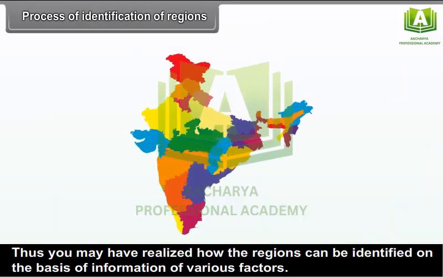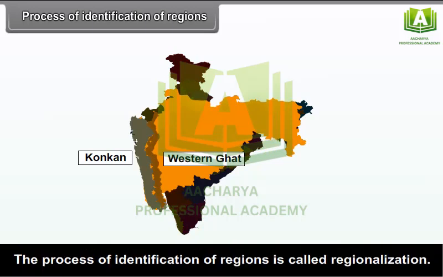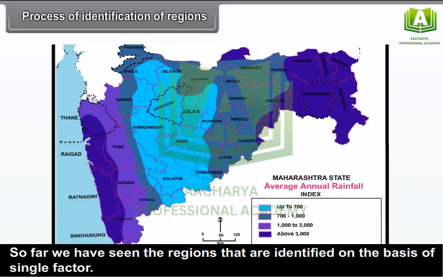Thus, you may have realized how the regions can be identified on the basis of information on various factors. The process of identification of regions is called regionalization. So far, we have seen the regions that are identified on the basis of a single factor.